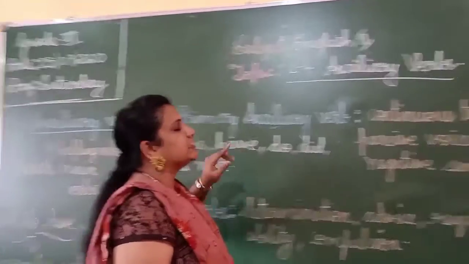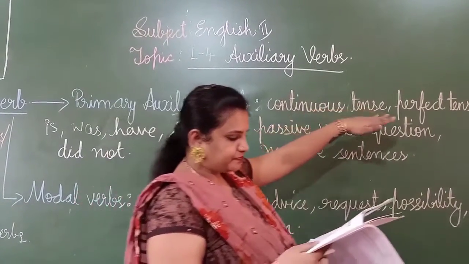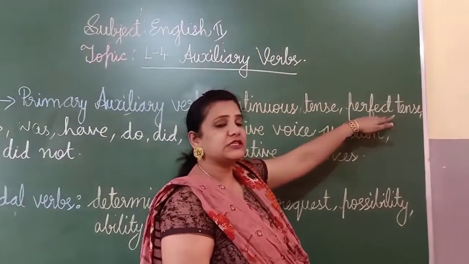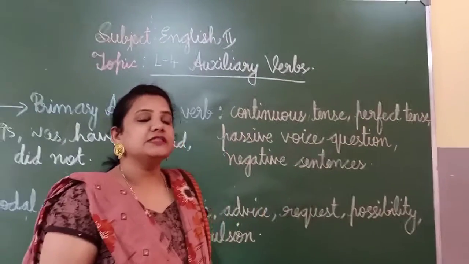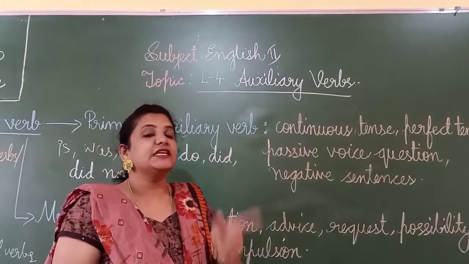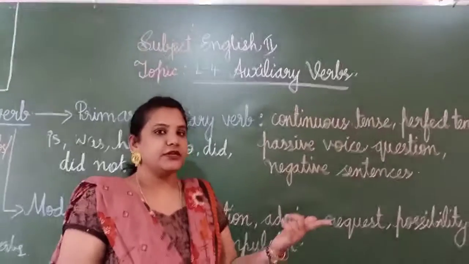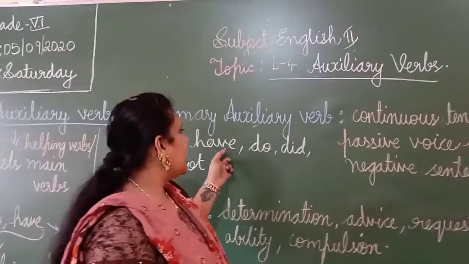They are used in sentences such as continuous tense, and they are used in sentences such as perfect tense. Perfect tense is the past participle form of your verb, that is the ed form. Like walk, walked.